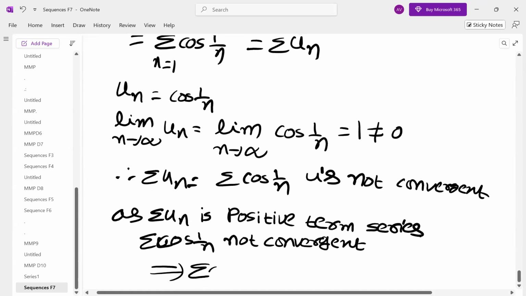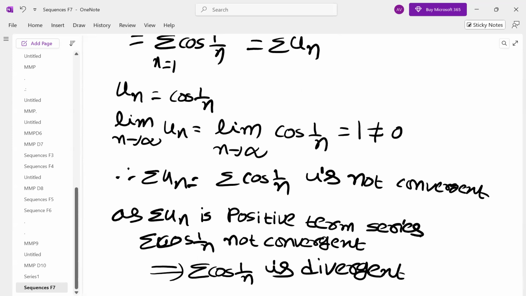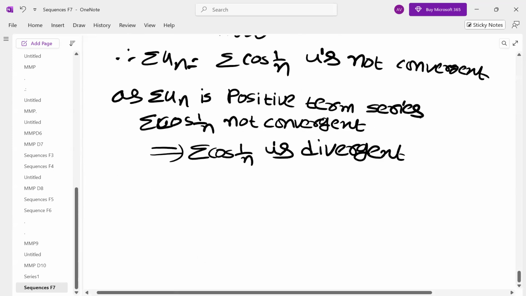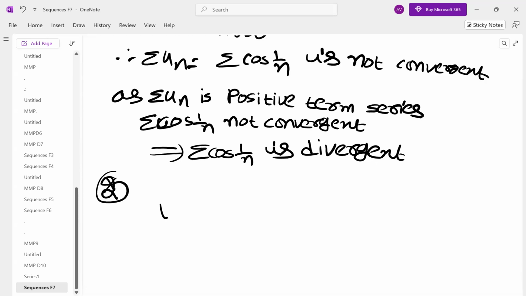Very interesting. Summation cos 1 by n is divergent. You apply 100 methods, difficult. Now we can easily. Next, for certain questions, these methods are very easy. Second question: root 1 by 2, 2 by 3, 3 by 4, and so on.